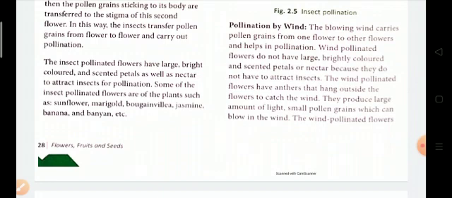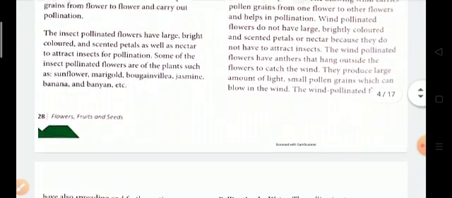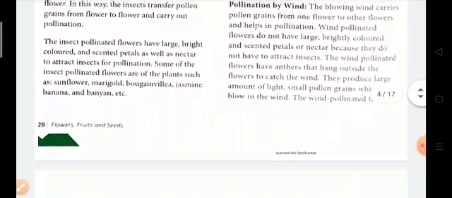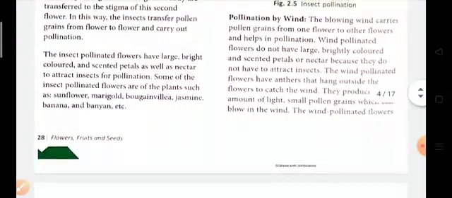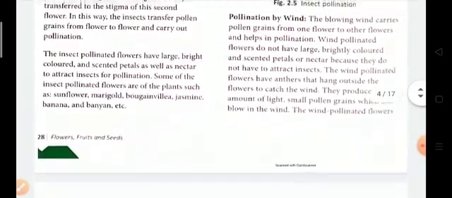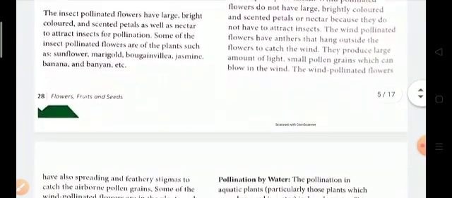Pollination by wind. The blowing wind carries pollen grains from one flower to another flower and helps in pollination. Wind pollinated flowers do not have brightly colored and scented petals or nectar because they do not have to attract insects.